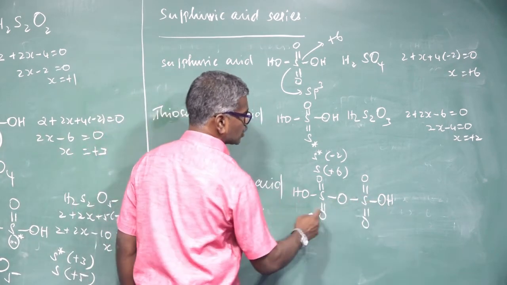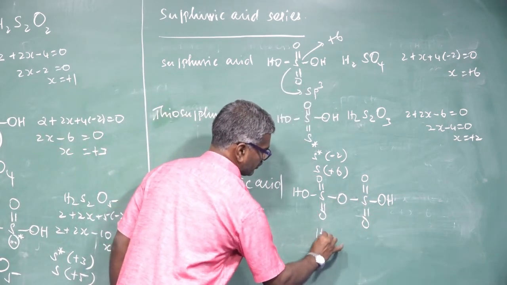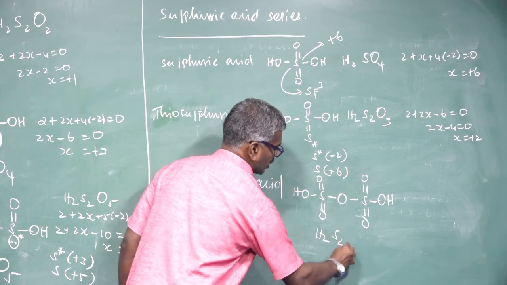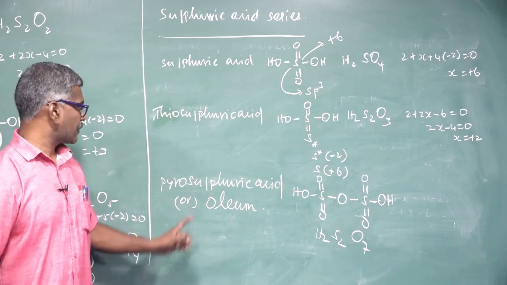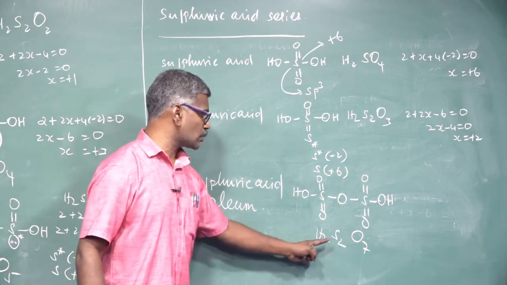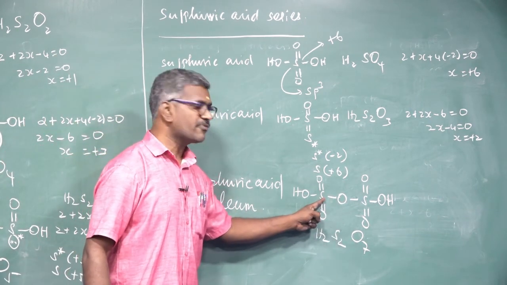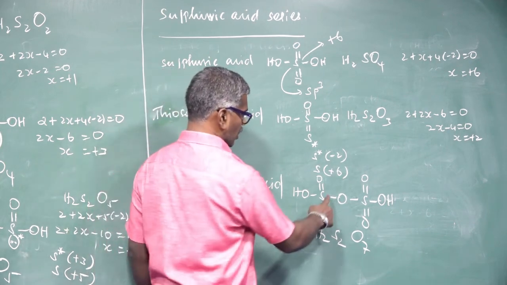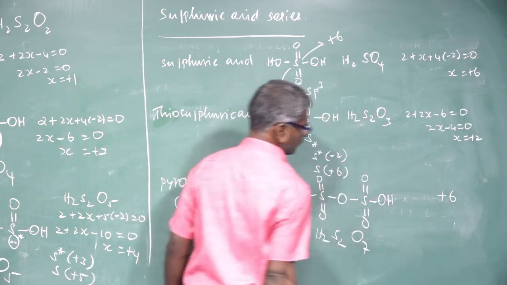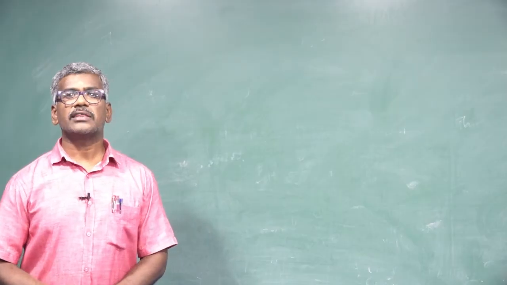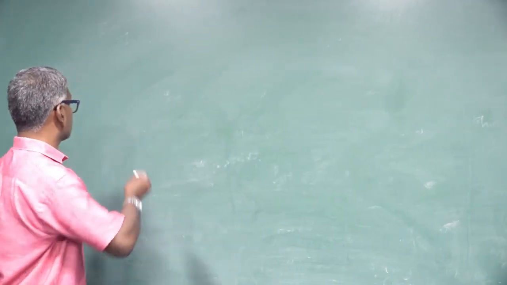How many hydrogen? Two hydrogen, that is H2. How many sulfur? Two sulfur. How many oxygen? Seven oxygen. What is the formula for pyrosulfuric acid? H2S2O7. This sulfur exhibits +6 oxidation state: 1, 2, 3, 4, 5, 6. Another one, the thionic acid series.